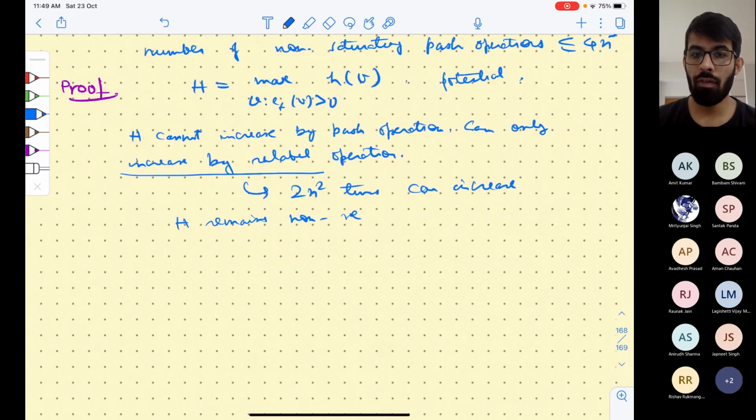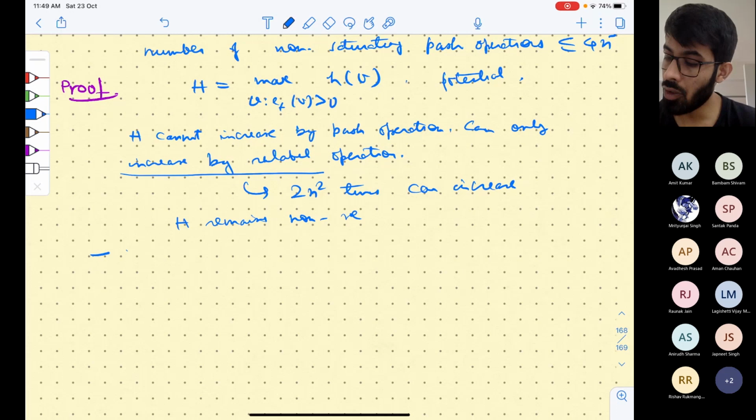So now I want to give the bound on how many times H can change. I claim that H can change total 4n square times. Why is this true? I mean, at most.